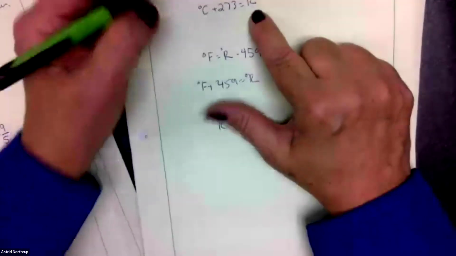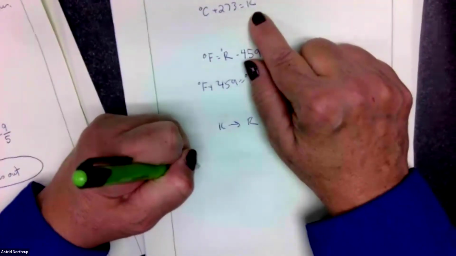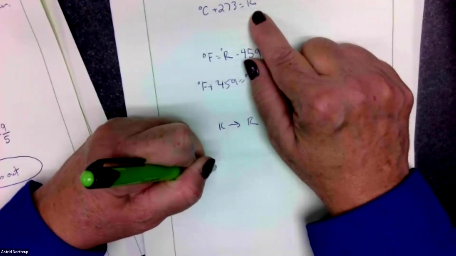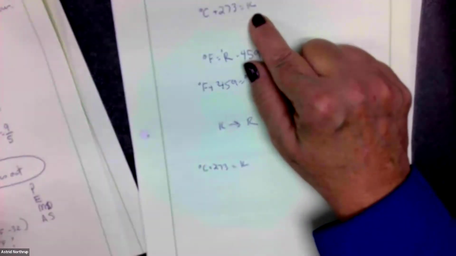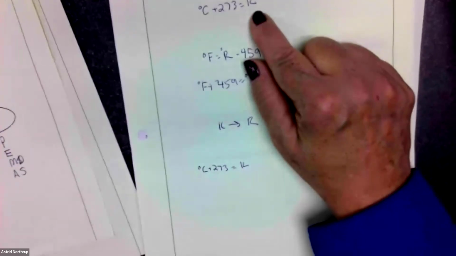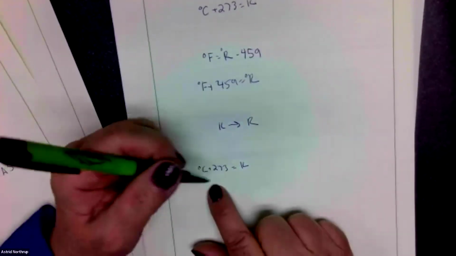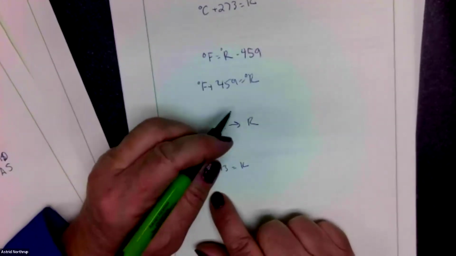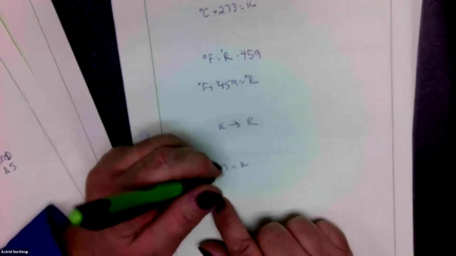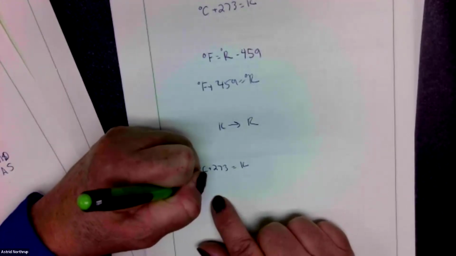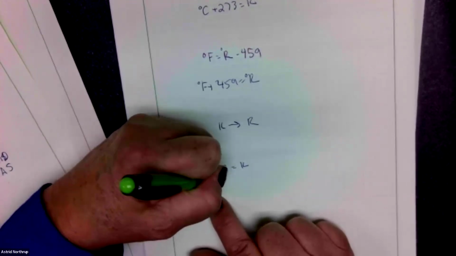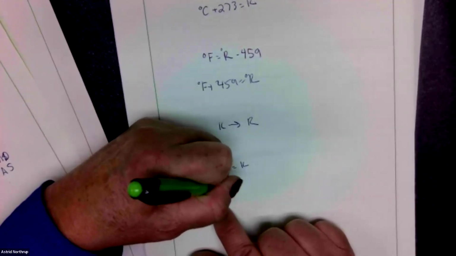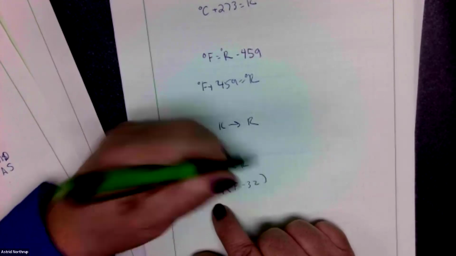Let's start with this, which is equal to degrees Kelvin. I might have to rewrite that equation, but I shall if I have to. I also know that degrees Celsius is equal to 5/9 times the quantity degrees Fahrenheit minus 32.